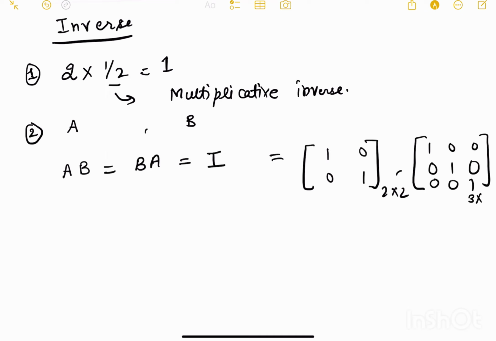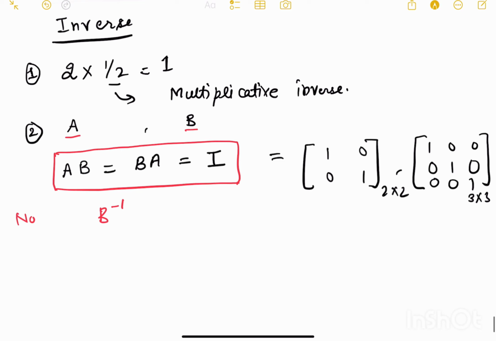So if I get an A and B such that I get this relation, it means that the inverse of B, this is the notation of how we write it, my B inverse is A, and on a similar basis, my A inverse will be B.